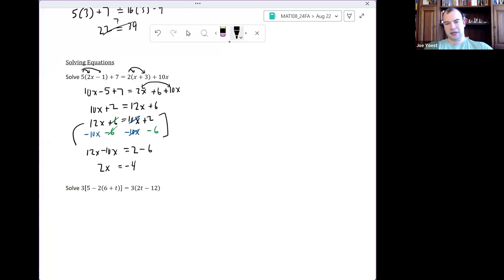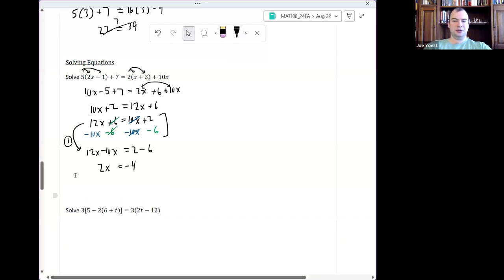So this was my first equation solving step. But now I'm down to another equation. It's simpler. It's one of my one-step equations. I can do one more equation solving step, simplify and check, and get my answer. I can divide by 2 on both sides.